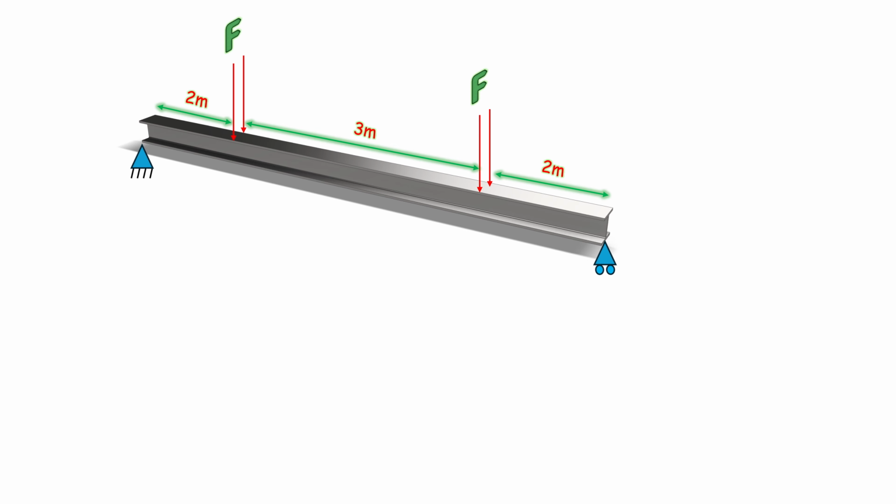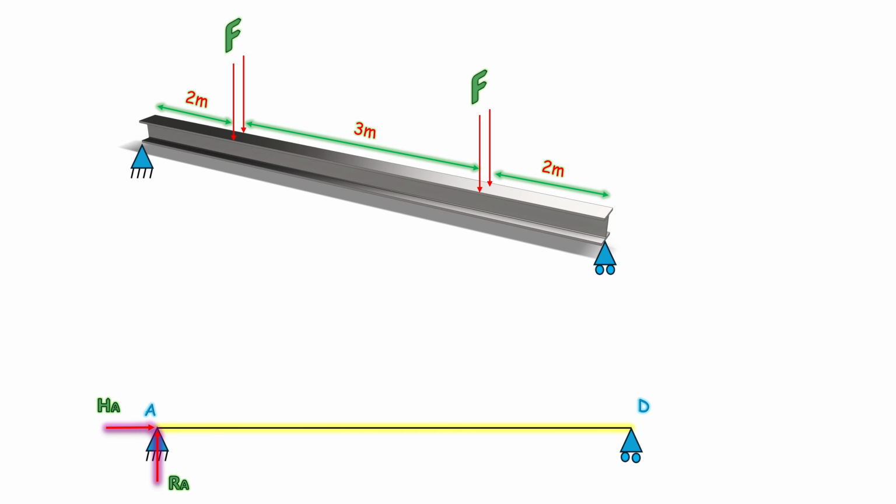First, draw a horizontal line showing the beam length. The beam is simply supported at both ends, A and D. Let us consider horizontal and vertical reactions at support A, RHA and RA, respectively. Vertical reaction at support D is RD.